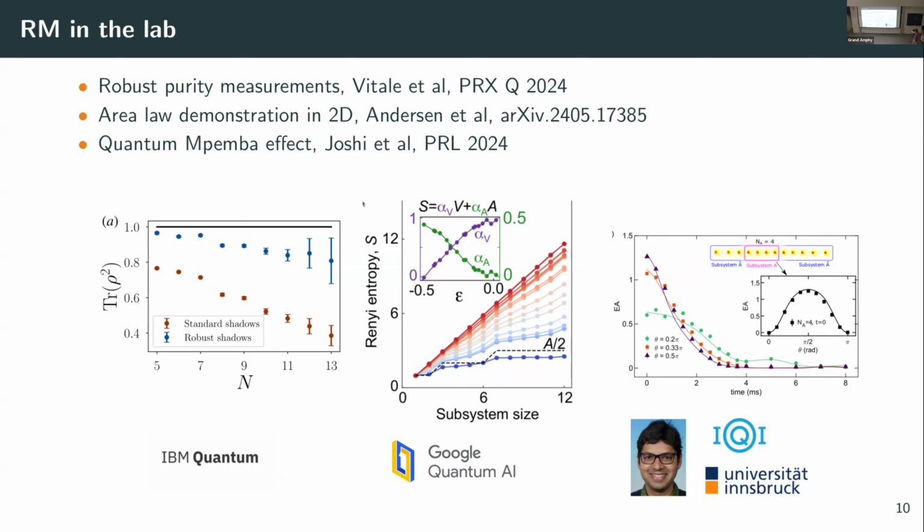And the last example is something Manoj will also explain briefly. You can use this tool to study out of equilibrium physics. In this example, it was in trapped ions, a study of entanglement asymmetry. It's not quite the same as purity, but it's very related.